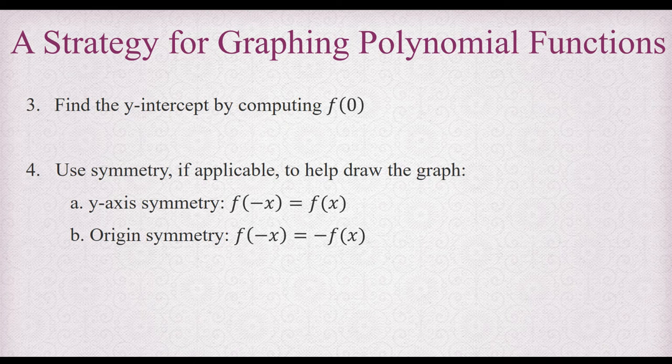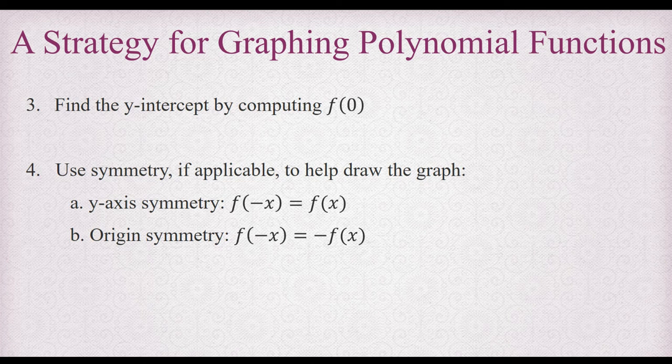We're also going to find symmetry. We're going to use symmetry to help us draw the graph. There are 2 different symmetries that we're looking for. Sometimes there might not be any symmetry at all, but if there is, it's going to be one of these 2 things. We've got the y-axis symmetry, which means we're going to substitute negative x into our function.